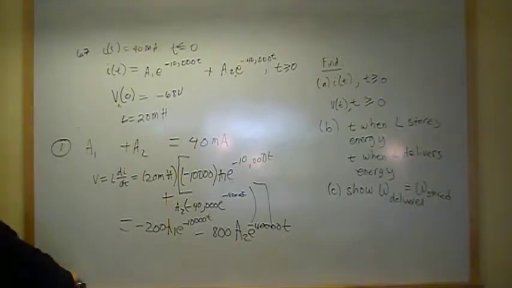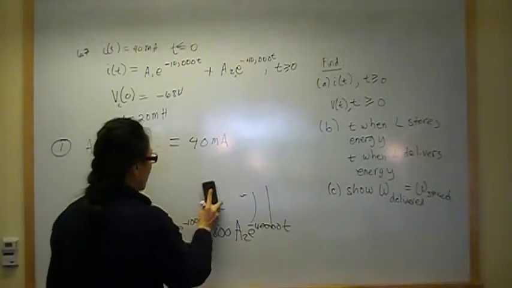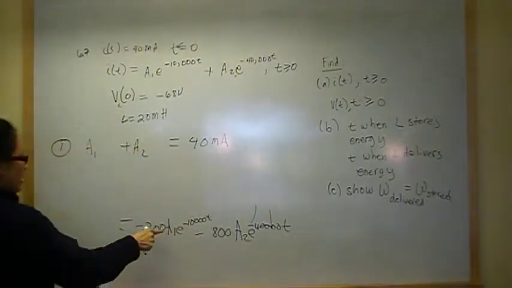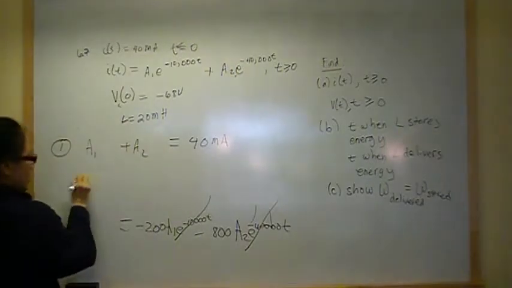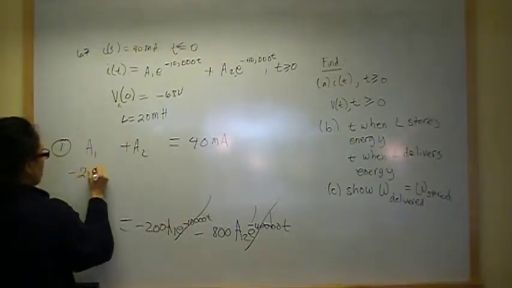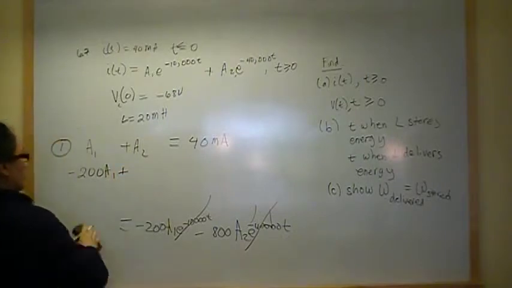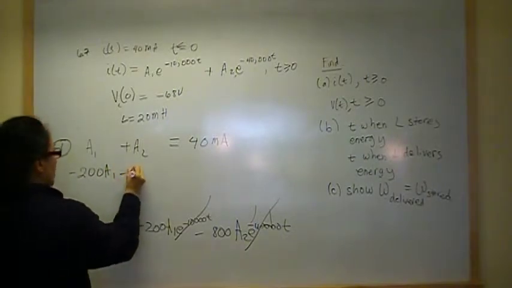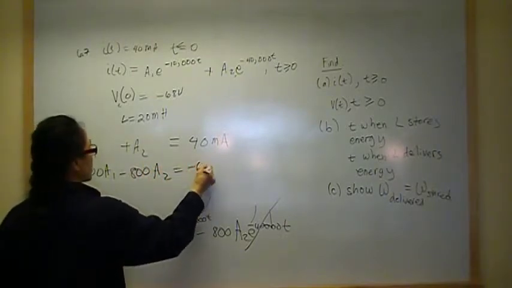Now we know voltage at time 0 is negative 68, so we are going to evaluate at time 0. Evaluating at time 0, the e's will go to 1. This is going to give us our second equation, which is negative 200 A1 minus 800 A2 is equal to negative 68.